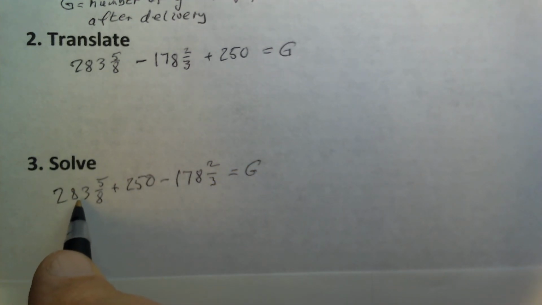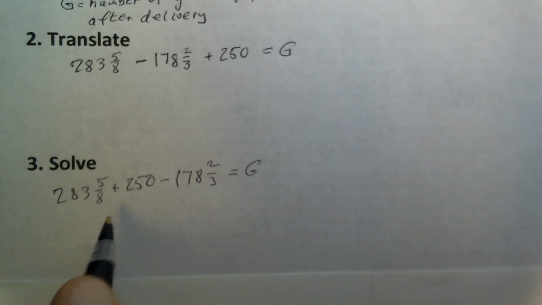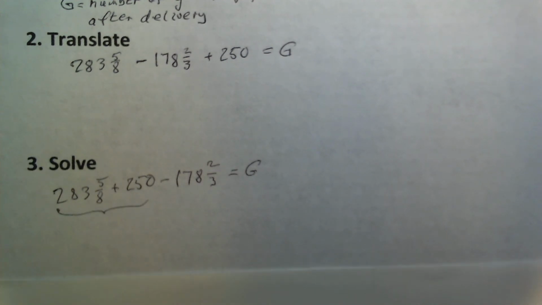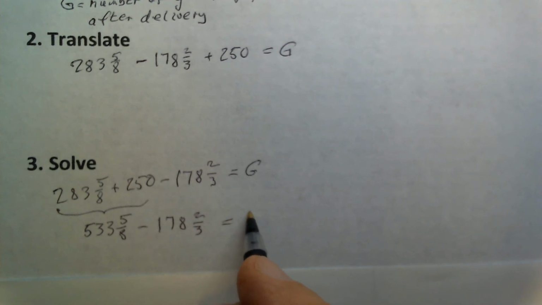So 283 and 5/8 and 250, so that is 533 and 5/8 minus 178 and 2/3 equals G.